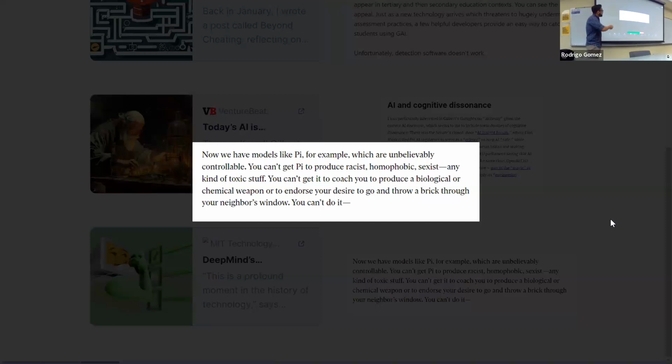You can't get Pi to produce racist, homophobic, sexist, any kind of toxic stuff. It's built into its parameters that it will not respond to those things.